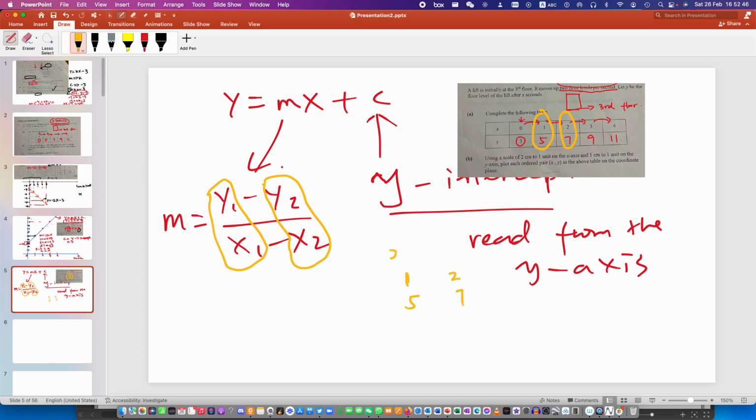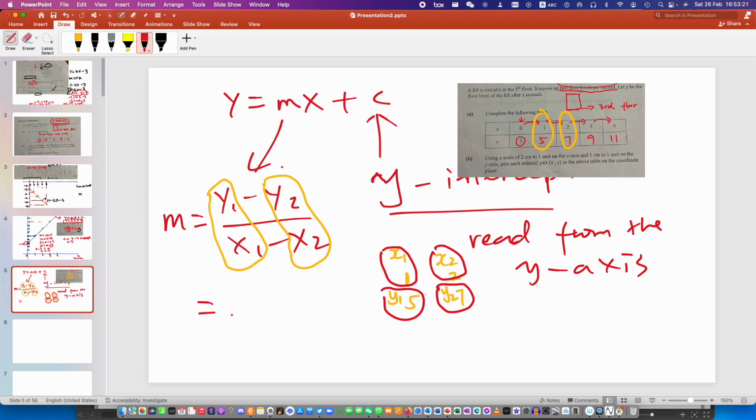So basically this is your x1, this is your y1. This is your x2, this is your y2. Right? From the table. So now I just put it into this formula.